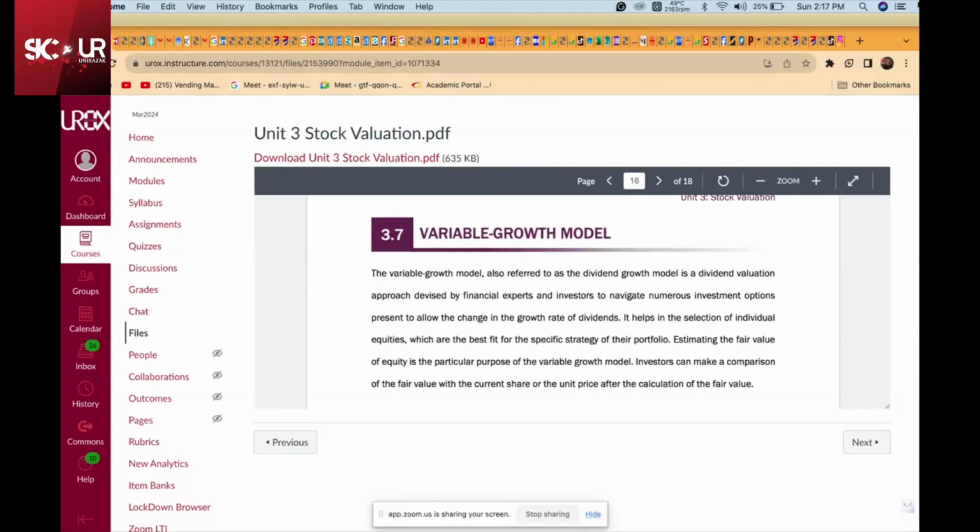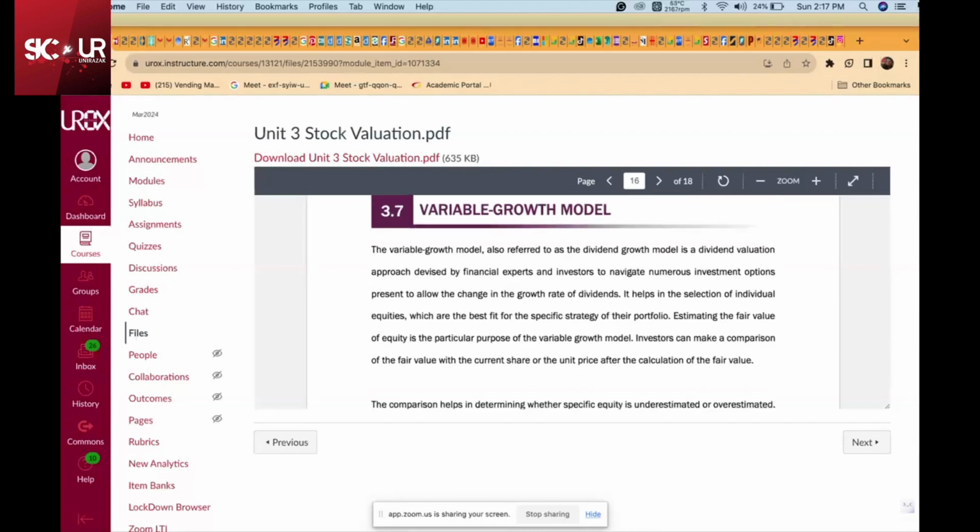It is a dividend valuation approach devised by experts to navigate the numerous investment options that are present, allowing for a change in the growth rate of dividends.